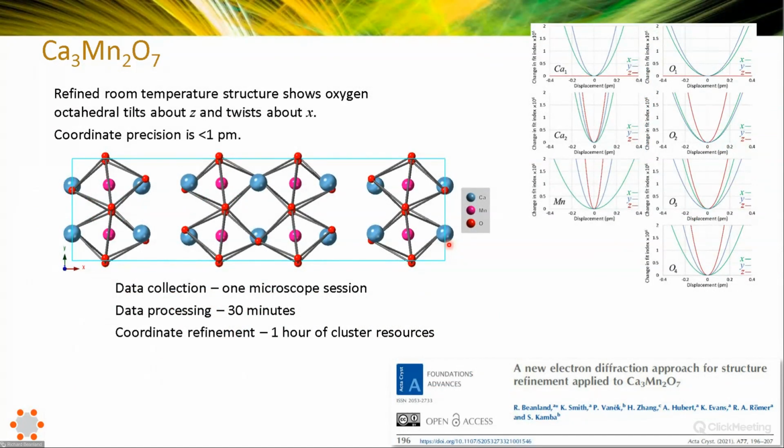When you refine the structure, again, it turns out that pretty much everything can be done independently. So all of the patterns, even though the patterns are very complicated, each atom refines independently. We were able to some extent quantify just how accurate they are. So you can see you get varying accuracies depending on which atom it is.